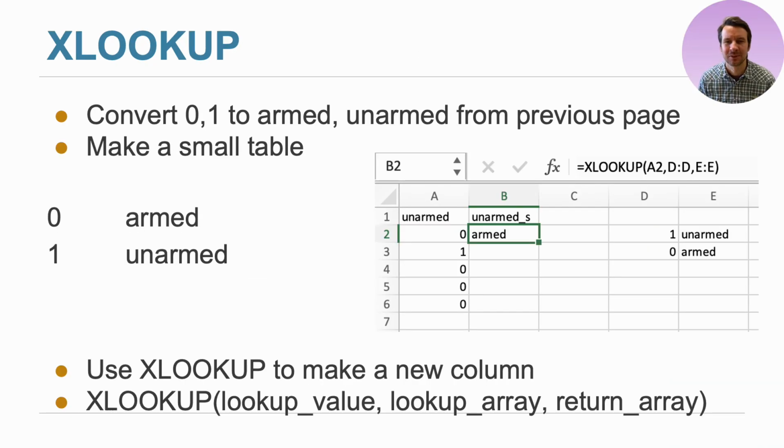The first thing we'll have to do is create two extra columns. We'll use one column to create a 0, 1 column with indicator variables, and then we will use another column to translate the 0, 1 into a string.